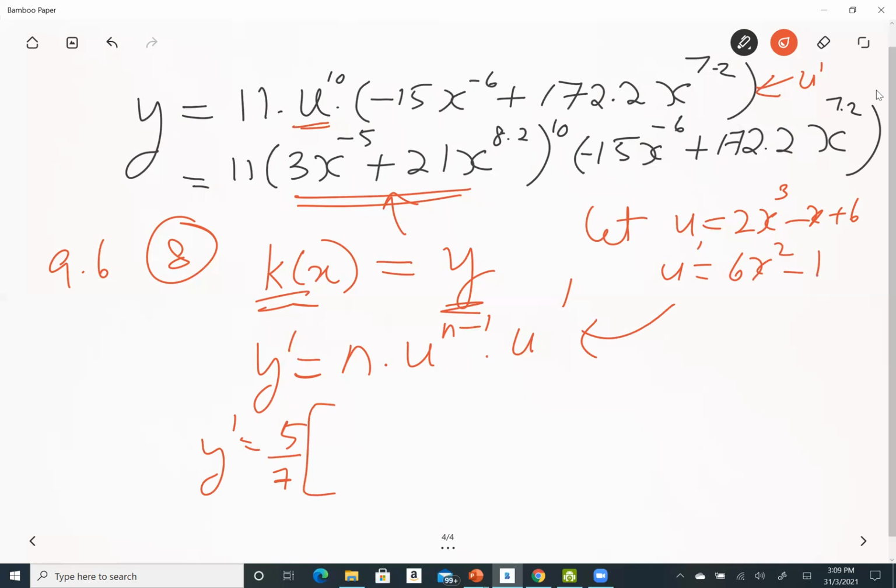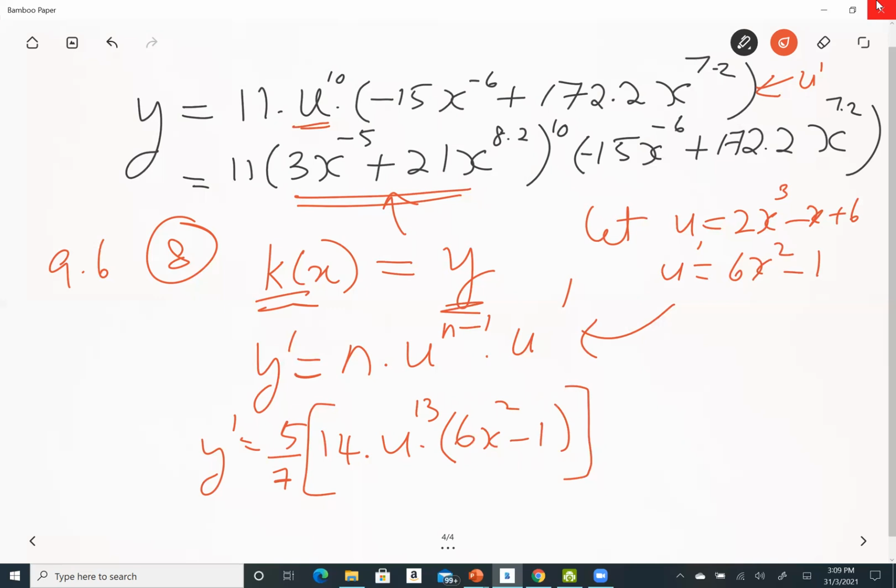So that would be equal to, bring down the power, you have 14, multiplied by u to the power of n minus 1, which is 13, and then multiply by u prime, which is 6x squared minus 1, and then put that bracket.